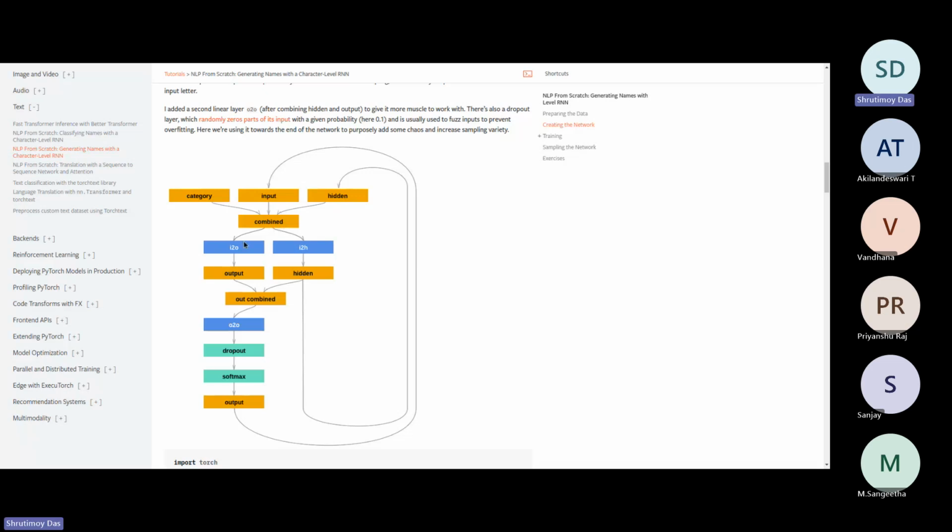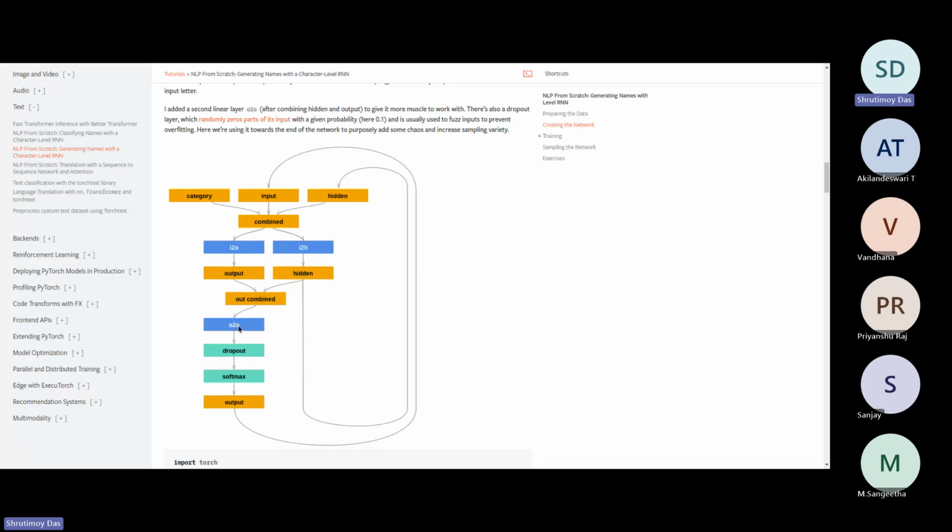Once you have this, if you remember the diagram of RNNs correctly, you compute the hidden unit and pass it to the next layer, and you also pass it to the output. Because there are two outgoing arrows, this I2O goes to the output, and this I2H goes to the hidden. Once you have this output and this hidden, you combine it and do your downstream task.